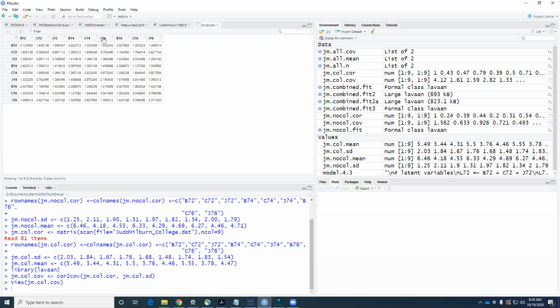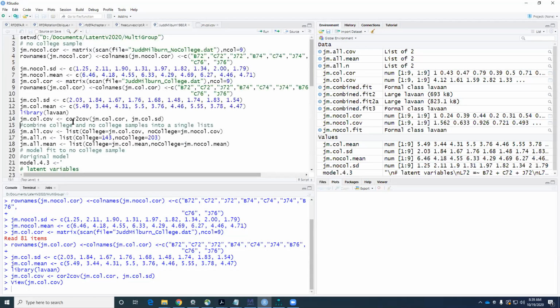That gives me this matrix, this covariance matrix. And if I then want to combine the summary information, I take my covariances and I just put those into a list. And I have to say what the sample sizes are for the list. And then I have to say what the means are for the list.